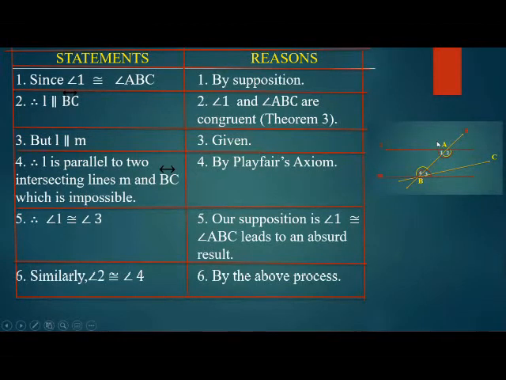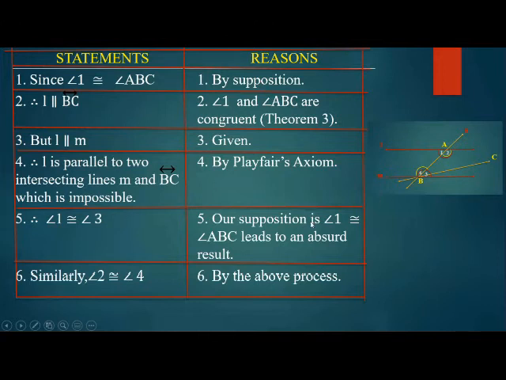So if L is parallel to M or L is parallel to BC, there could be only one possibility. Both intersecting lines cannot be parallel to line L at the same time by Playfair's axiom. Therefore, angle 1 is congruent to angle 3. Why?